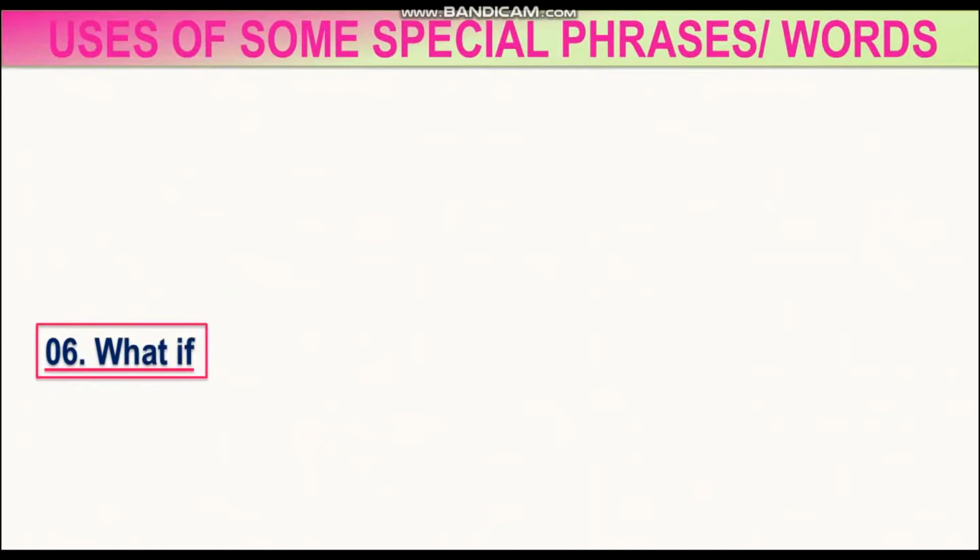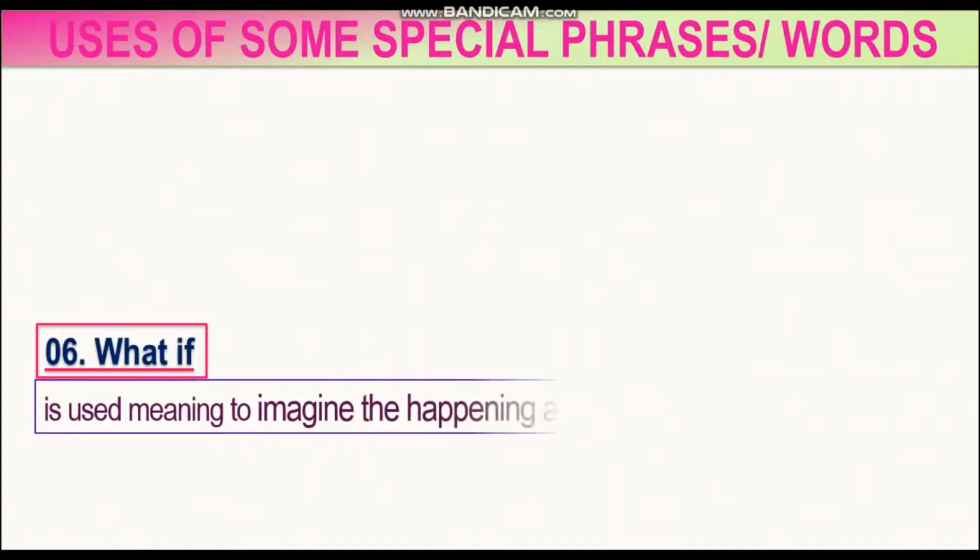Number 6. What if? The phrase what if is used meaning to imagine a happening action in future. I mean, it is just a fancy, not a reality. And the sentence that starts with the phrase what if, a question mark must be at the end of the sentence.